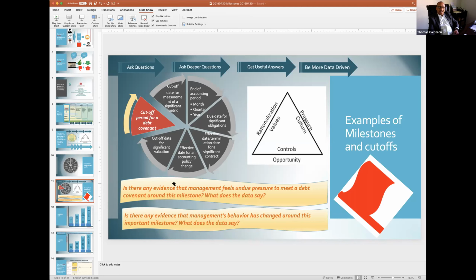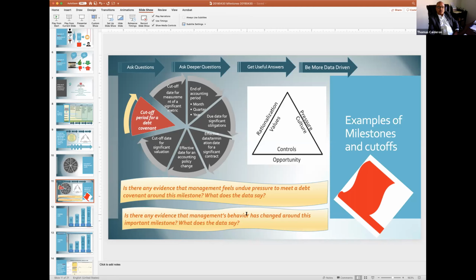Now, having identified this particular cutoff, this particular milestone, the analytics mindset question is, what does the data say? We are going to allow the data to speak for itself.